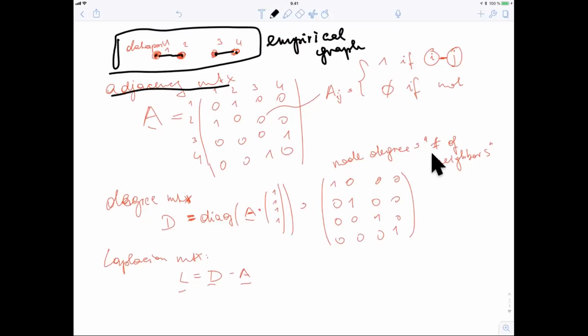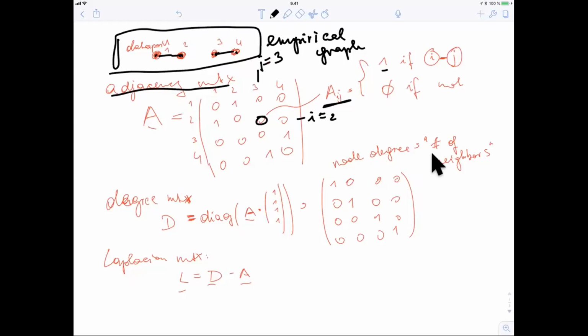The entry in the ith row, so this here is row number 2, corresponding to the second data point, and the jth column, so this here is column j equal 3, corresponding to the third data point, is 1 if and only if there is a link between node i and j. So in this case, i is 2, j is 3, there's no link. That's why this entry here is 0. But if there were a link, the entry would be 1.